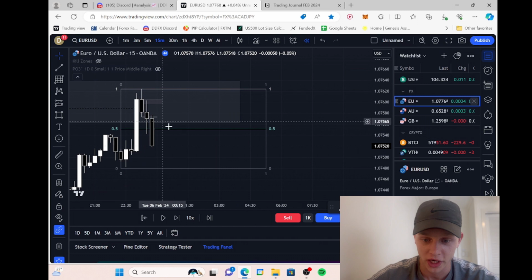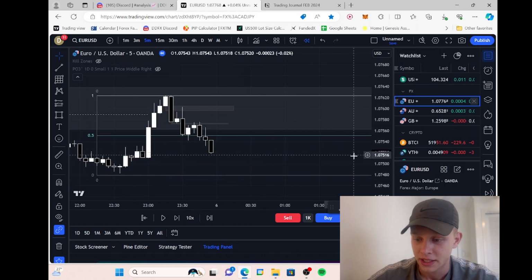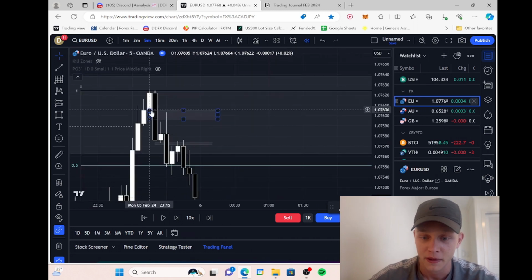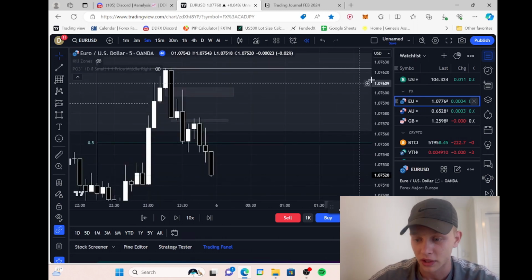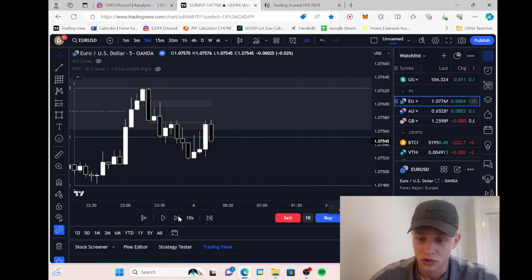I'd like to get into a trade above this 50% line of the 15-minute range. So what I'd be interested in is price maybe coming back up, sweeping out this high here, or coming back up into this fair value gap, or even hitting the 5-minute order block, to then take a trade to the downside.